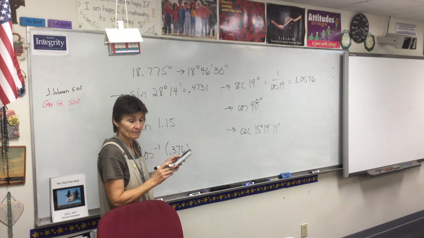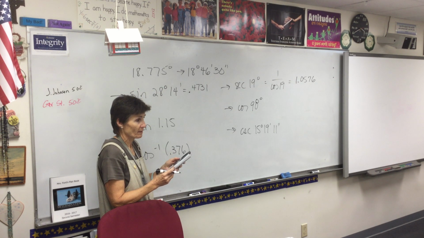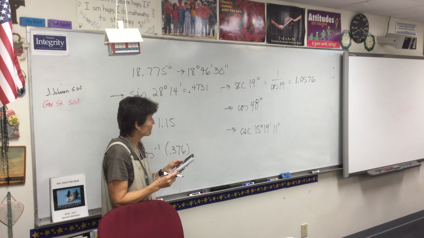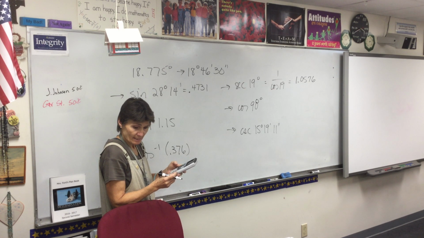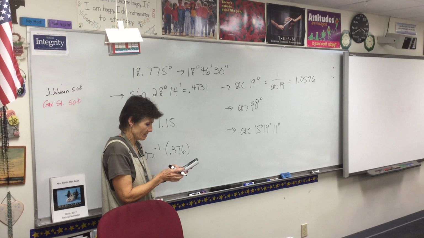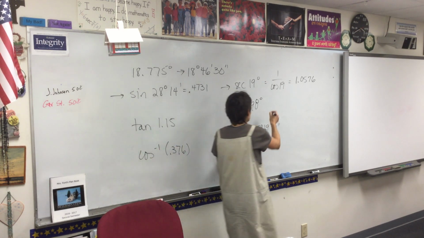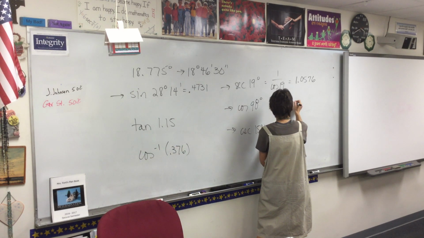That goes all the way back to press. And then cosine 98, that's just cosine 98. So negative 0.1392.